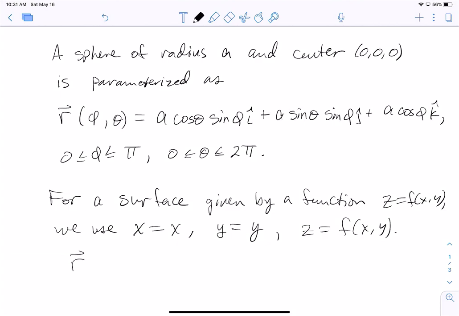So the surface would be given by r of x,y is equal to x i plus y j plus f of x,y k. The parametric representation is easily adjusted in the event that we have, say, x as a function of y and z. It just affects which component is the one expressed using the function.